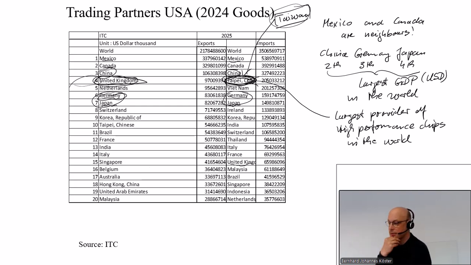And of course, which language is in general spoken in the United States and which language is spoken in the United Kingdom? English, of course.